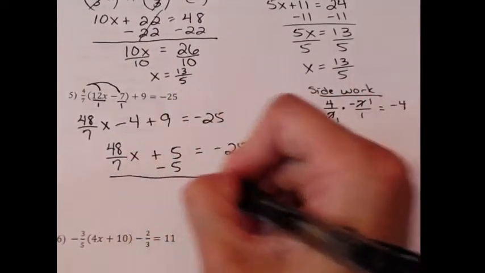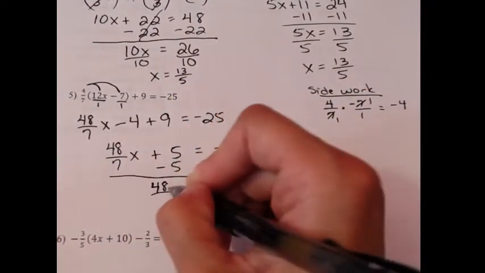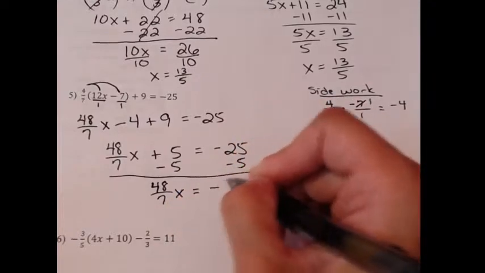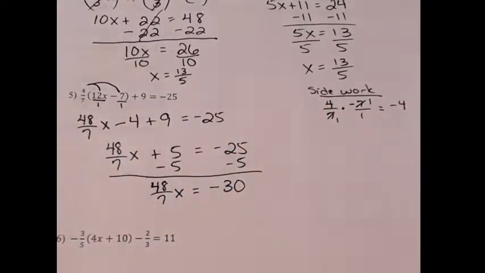And that leaves me with 48 over 7x is equal to negative 30. I only chose to do that because I knew that those were going to be very easy to combine. So I figure, why not just move everything over that I can combine and clean things up before I go into multiplying by the LCD.